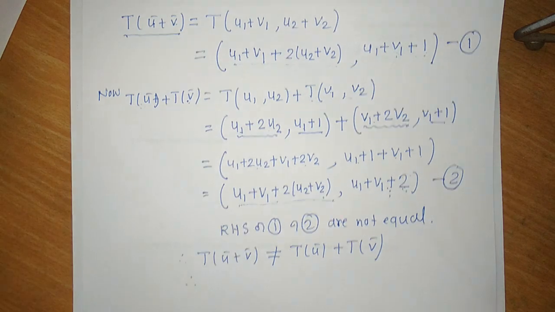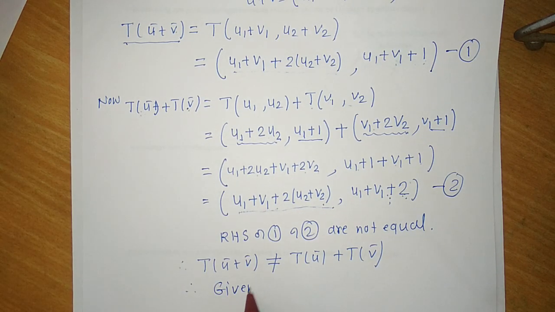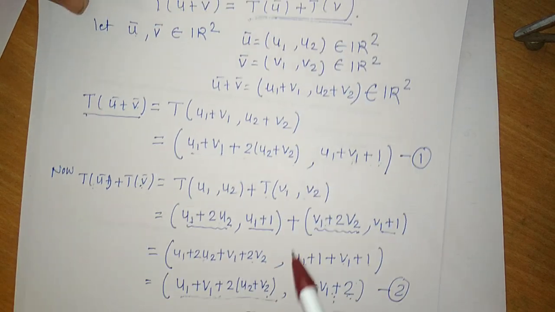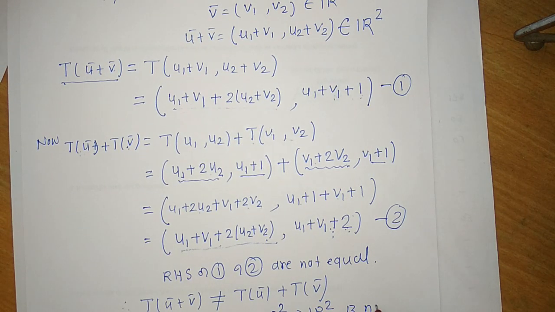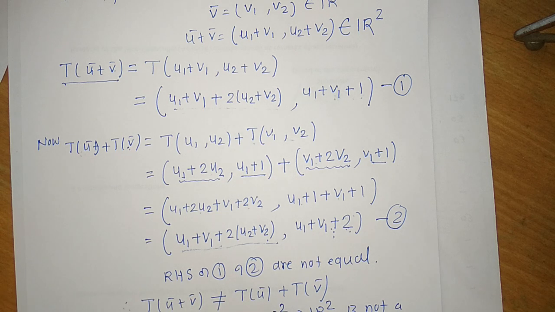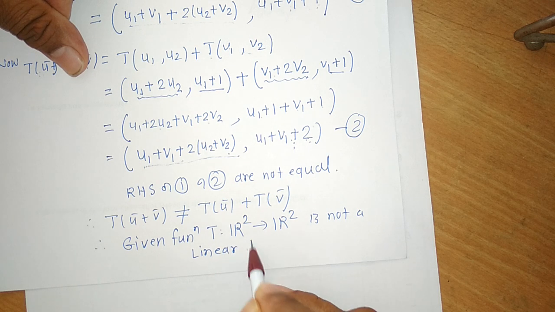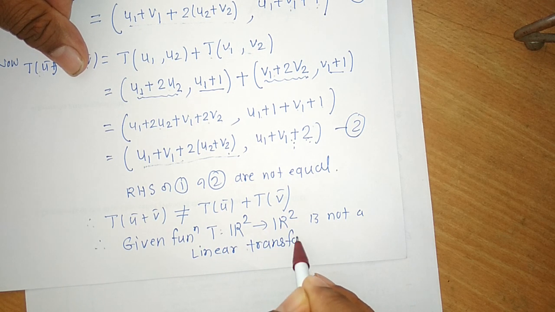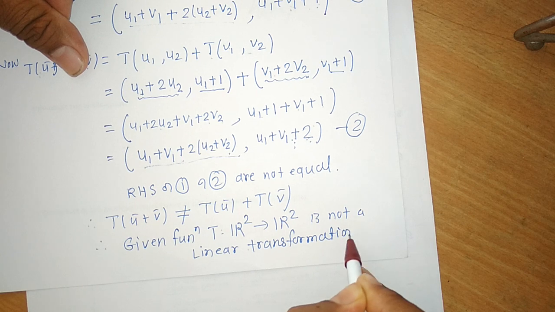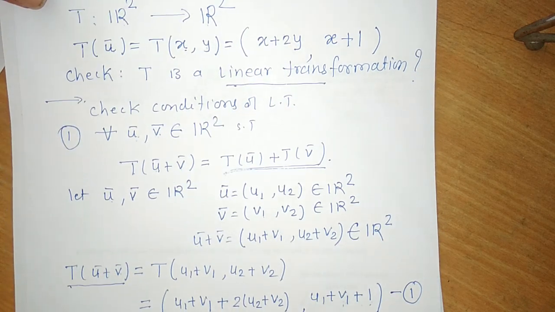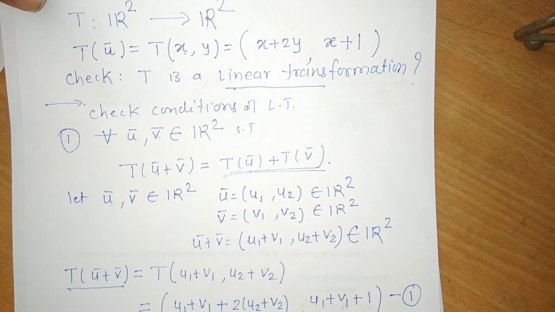Therefore, the given function T from vector space R2 to R2 defined in this way is not a linear transformation. So this is a very good example of a function that is not a linear transformation.